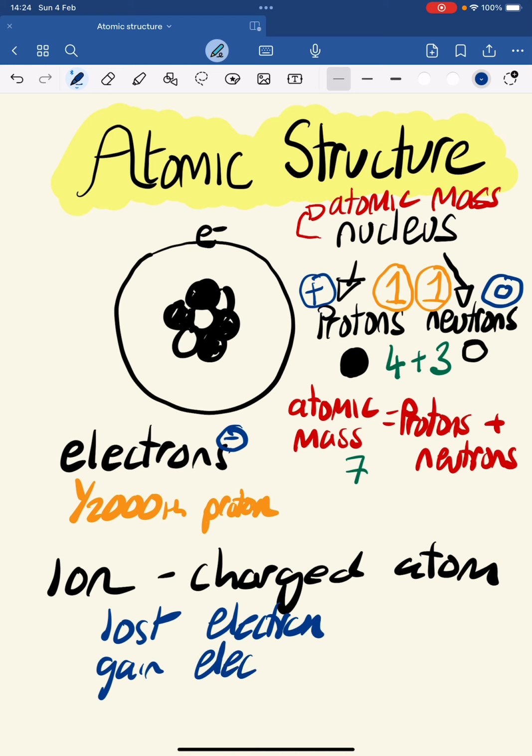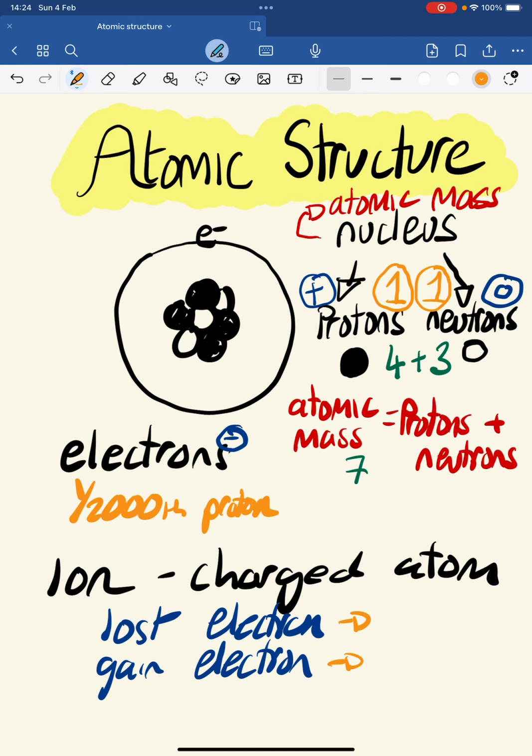Now, if it loses an electron, do you think it becomes positively or negatively charged? That's right. If it loses an electron, it will become positively charged.